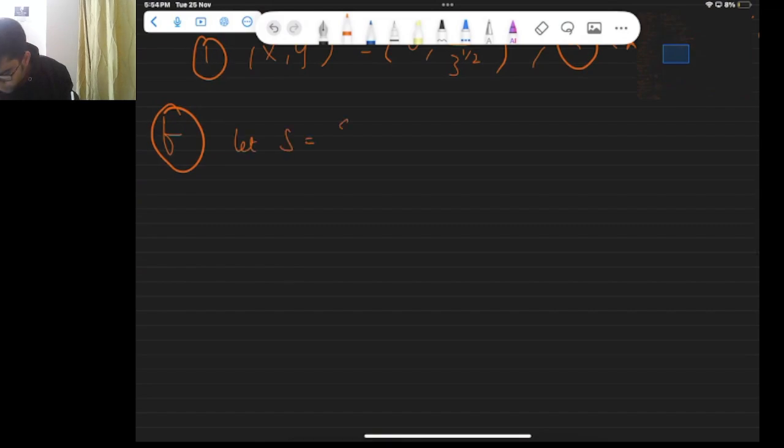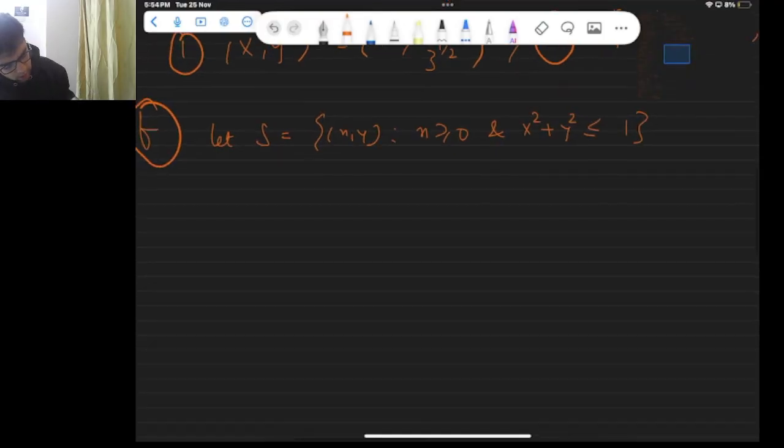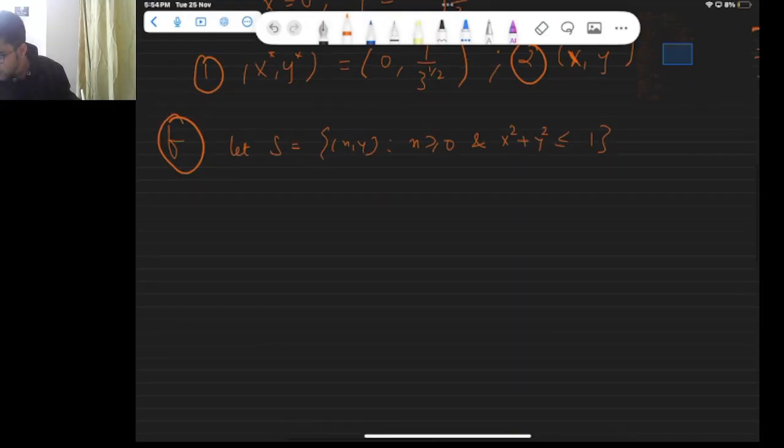Let S be the set of (x, y) such that x is greater than or equal to 0 and x square plus y square is less than or equal to 1. Now they asked us to explain why f must attain a maximum and a minimum over S and find the corresponding points.